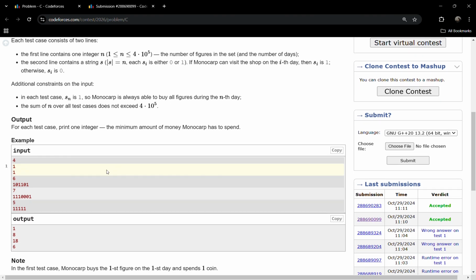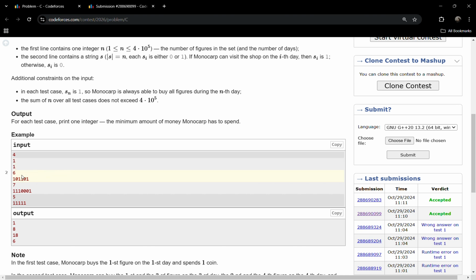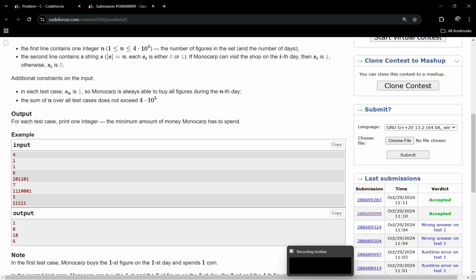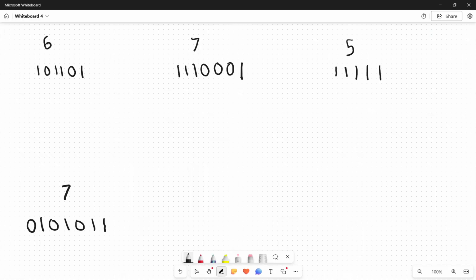So let us take a look at some example test cases. What seems logical is that Monocarp cannot buy the first item at a discounted price.